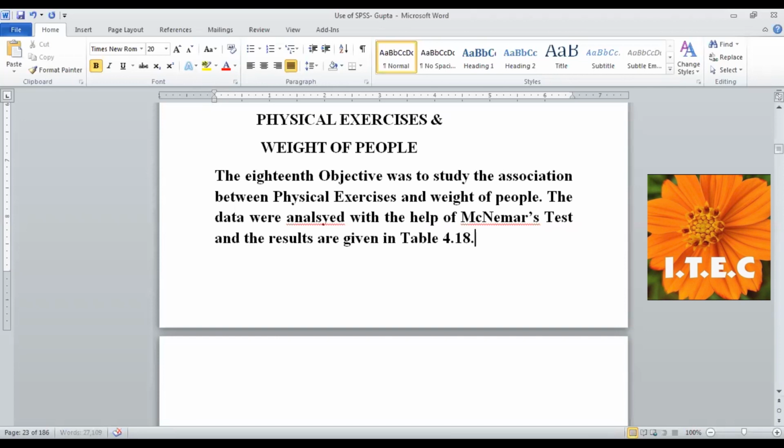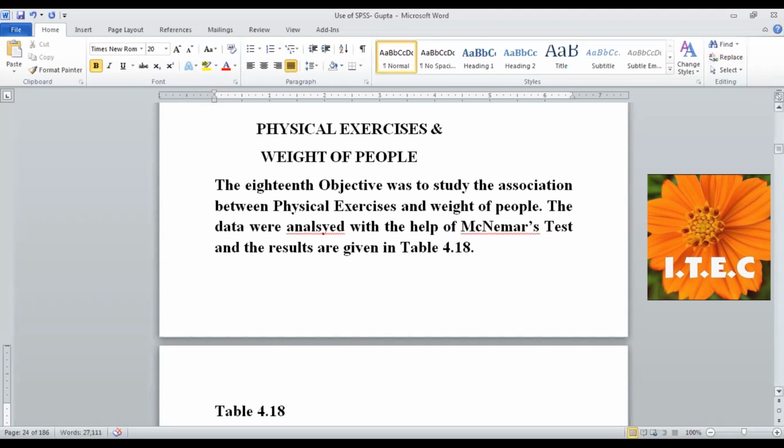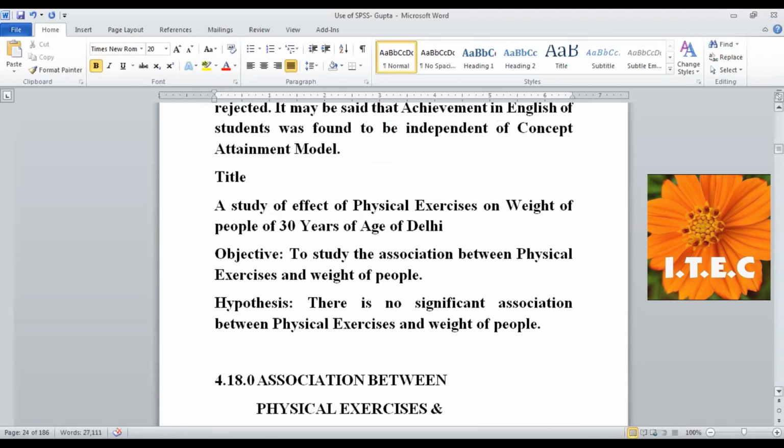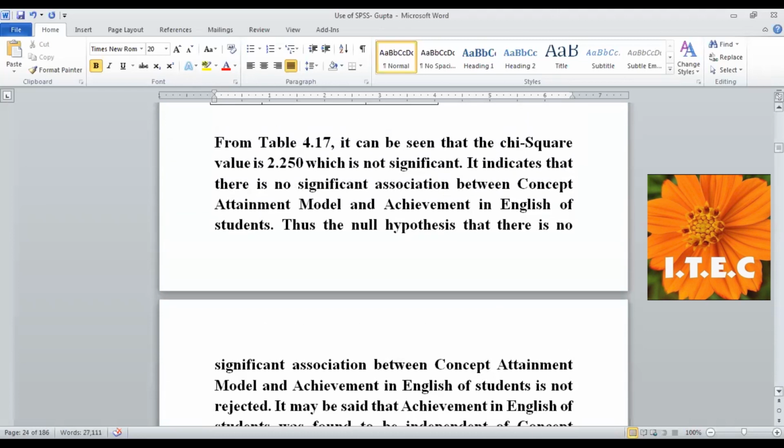So table 4.18. Let me copy this table and I will make the changes.